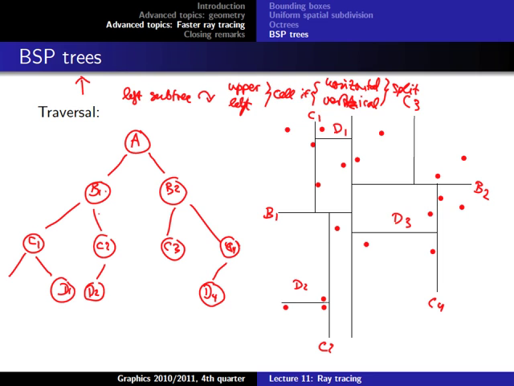So you see here, if I'm splitting it to the right, then I make this the right subtree, and that of course then makes it easier for the traversal.